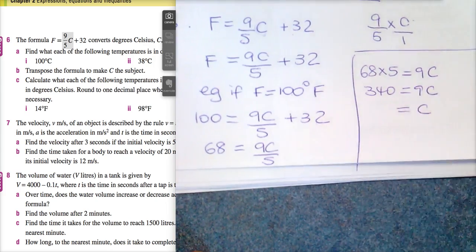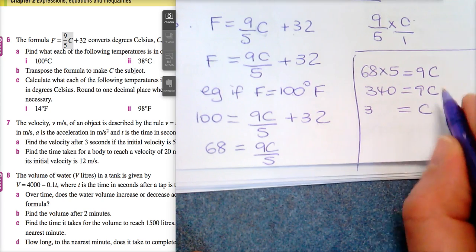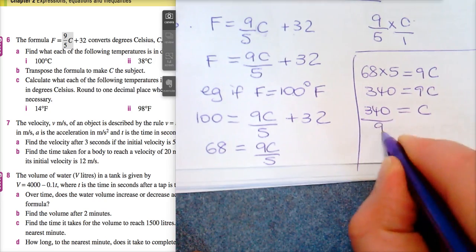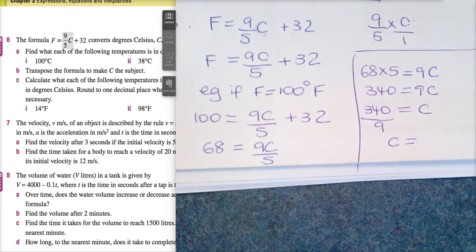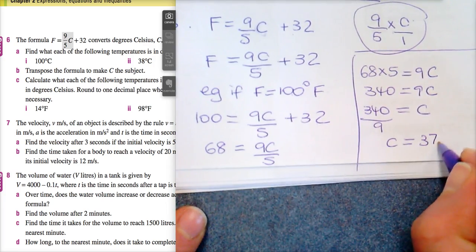So therefore C is what? How do I do it? 340 divided by 9. What do we get? 340 divided by 9. 37 point.